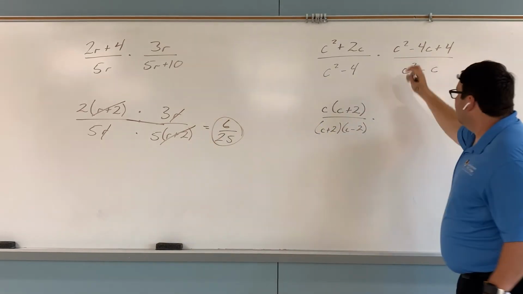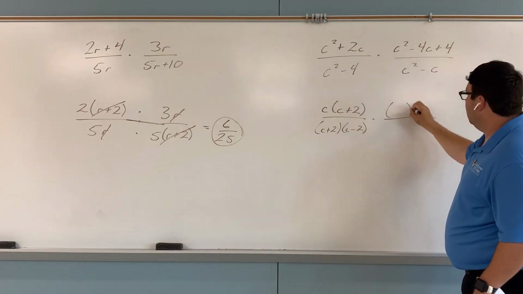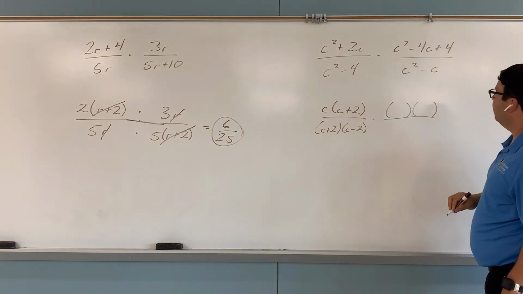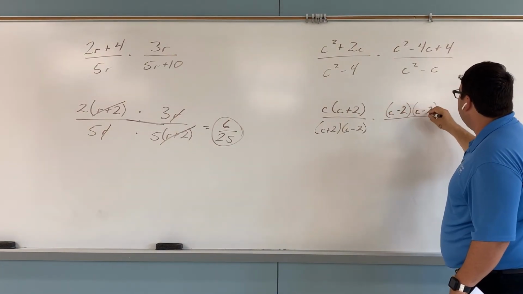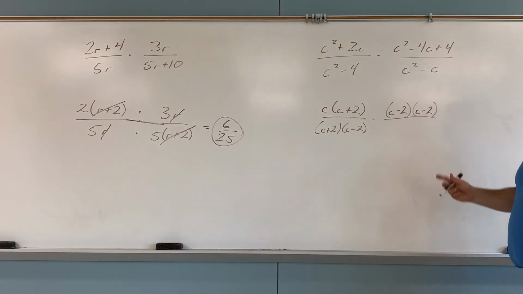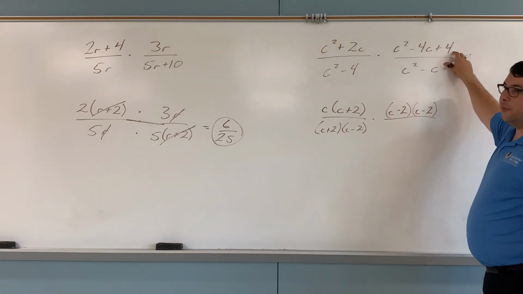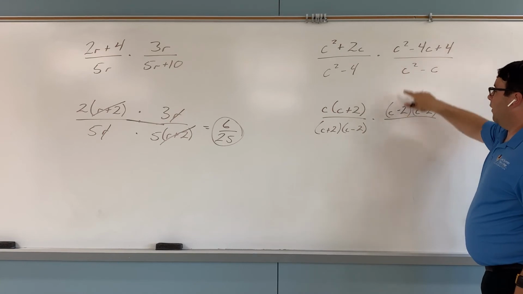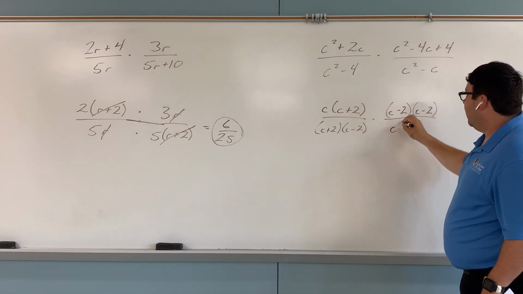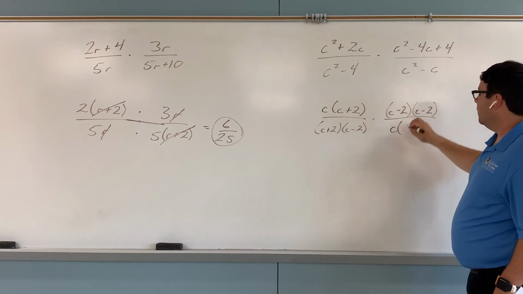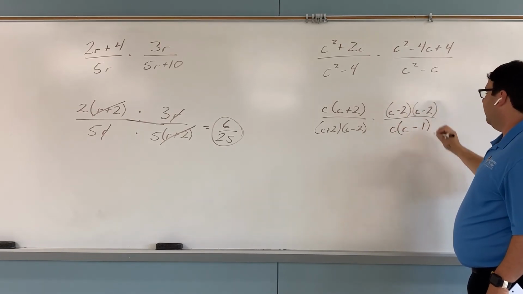Over here, numerator, looks like a trinomial I could factor into C minus 2, C minus 2. How do I know? Well, 2 and 2 gives me 4. Signs will be the same. They're both opposite. Over here, I can factor out a GCF, which is C. I'm left with C minus 1.